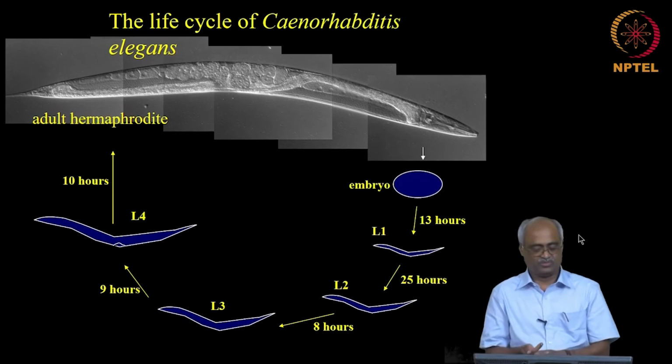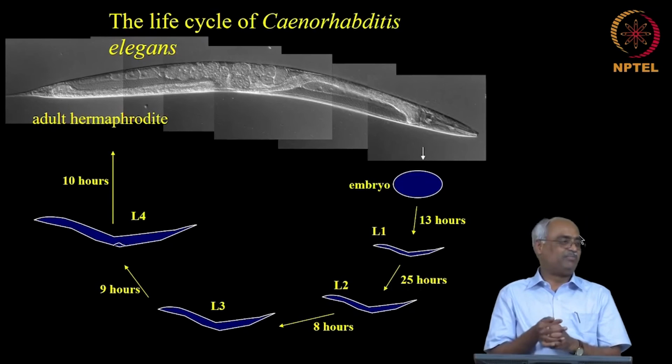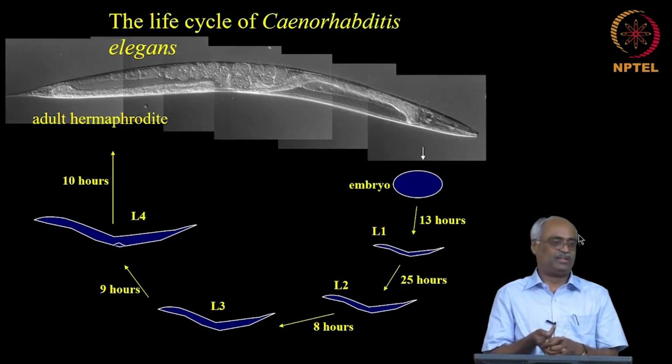I am going to give you one fact and ask a question. Usually when I want to select an organism as a model organism, the smaller its genome size the better. Why?